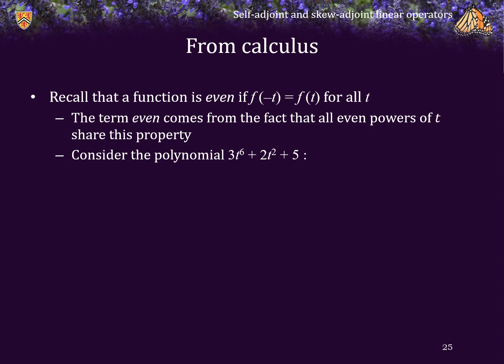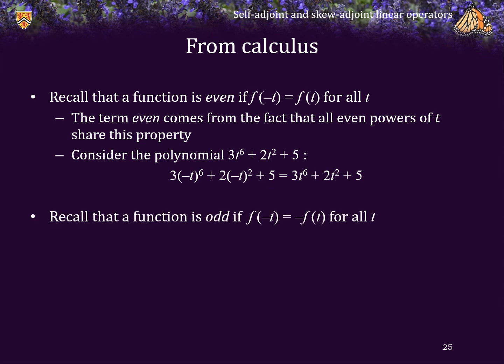If I now substitute into this polynomial negative t, well, I get the original polynomial back. So this polynomial is symmetric through the line t equals 0.